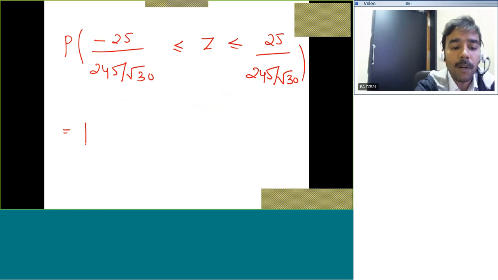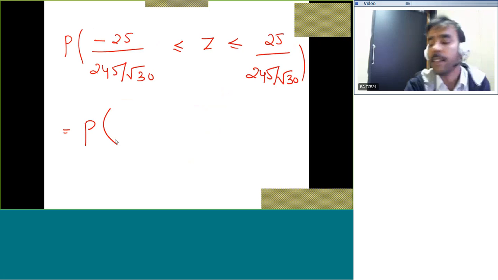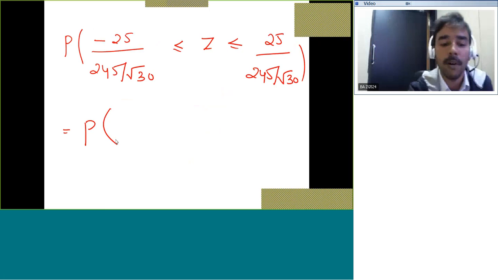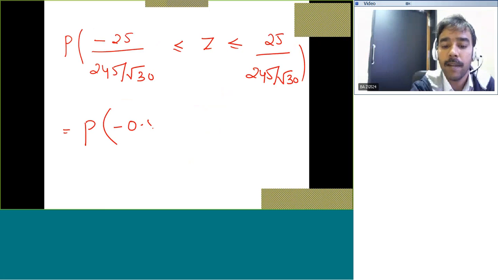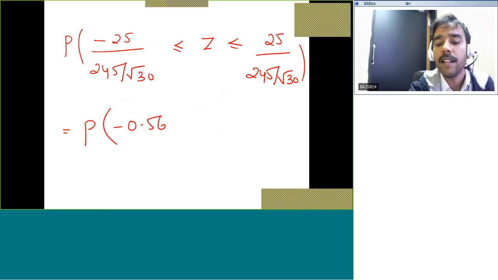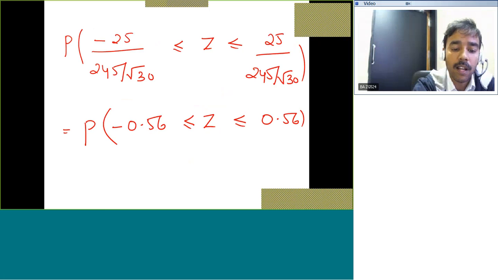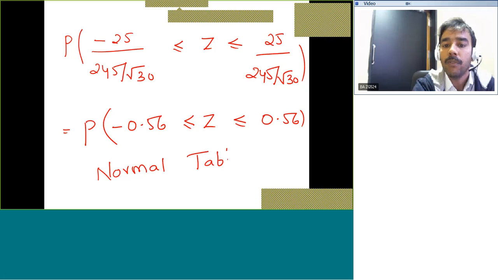That is, 25 by 245 by root 30 is 0.56. So this is the probability of minus 0.56 less than or equal to Z, less than or equal to 0.56. Correct? If we use normal tables, then you will get the probability. And you know very well how to use normal tables.